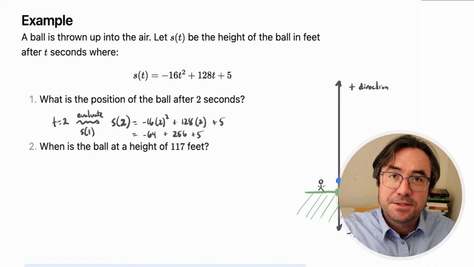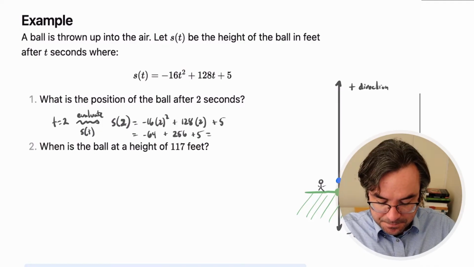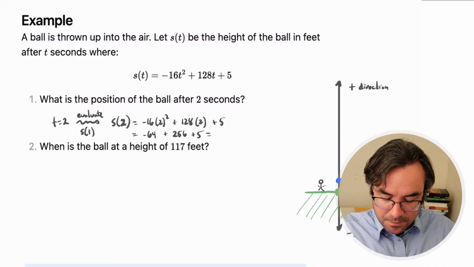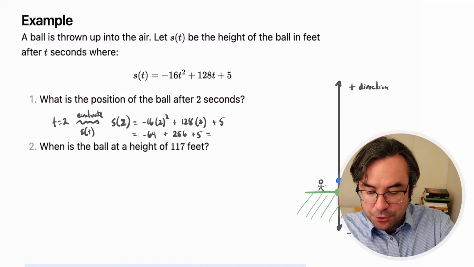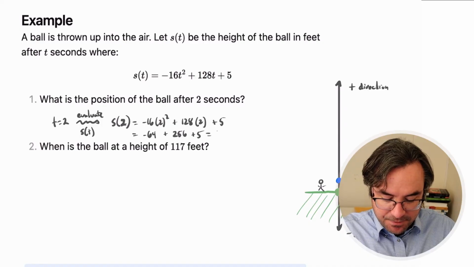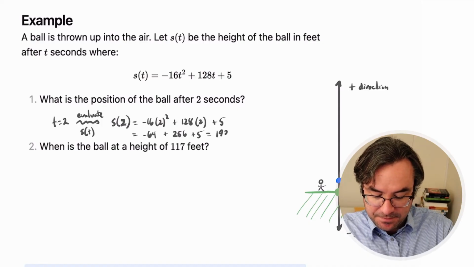And if we simplify that, we want to do 256 minus the 64. So that's going to be 192. And then add in the 5, and we get 197.